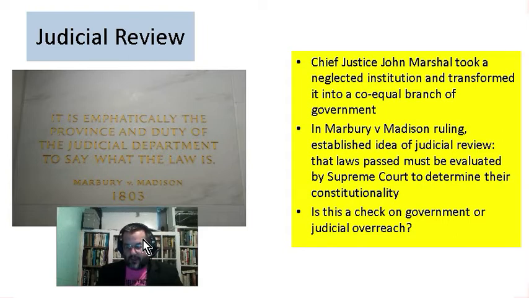Chief Justice John Marshall ruled that Madison had broken the law by not delivering the commission, but then shockingly ruled that the law giving the Supreme Court jurisdiction over Marbury's case was not in line with the intent of the Constitution. So he struck down the law, and Marbury didn't get his job. This established the principle of judicial review, that the Supreme Court has the right to judge the constitutionality of laws passed by the legislative and executive branches.